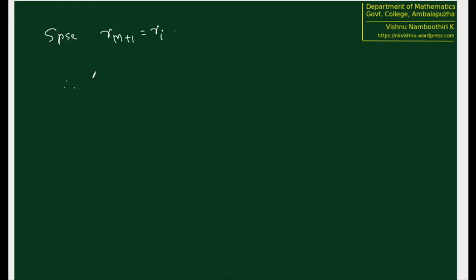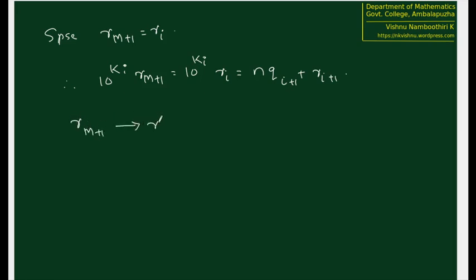So 10 to the power ki times r(m plus 1) equals 10 to the power ki times ri, and this equals n times q(i plus 1) plus, if we divide 10 to the power ki times ri by n, we will get the remainder r(i plus 1). Therefore, after r(m plus 1), which is equal to ri, the next remainder will be r(i plus 1). If the next remainder is r(i plus 1), the next is r(i plus 2), etc.